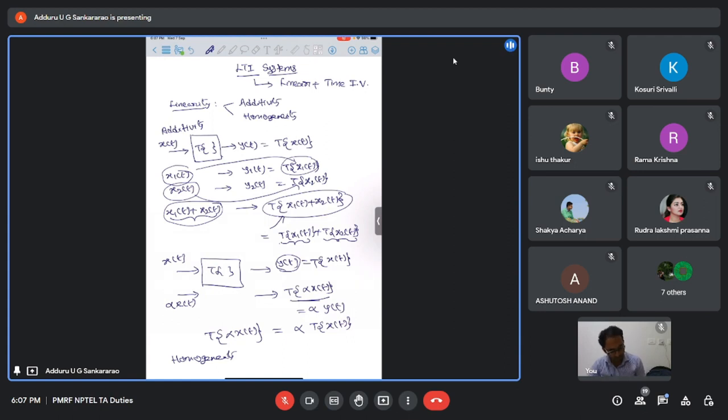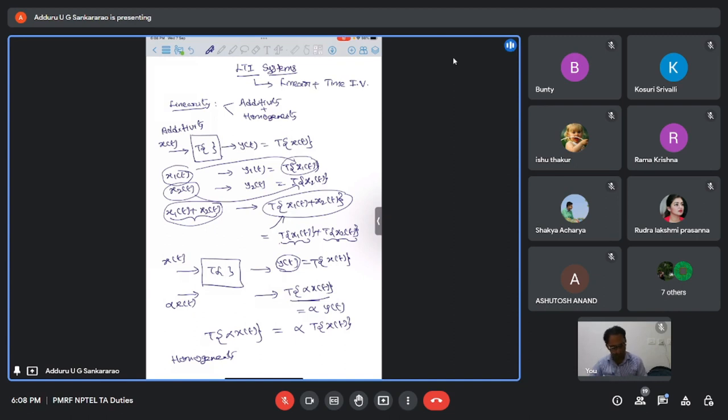If the system is following both additivity and homogeneity, then we call it a linear system.